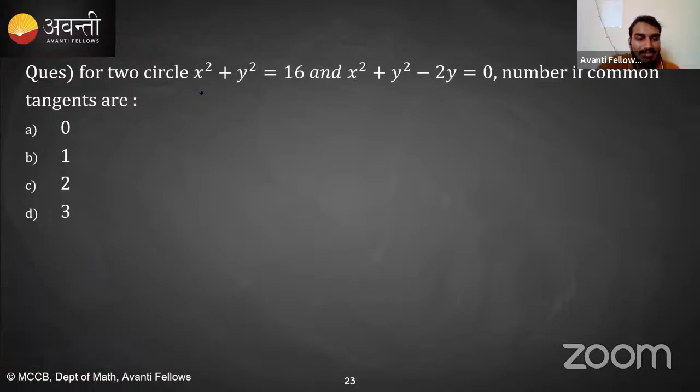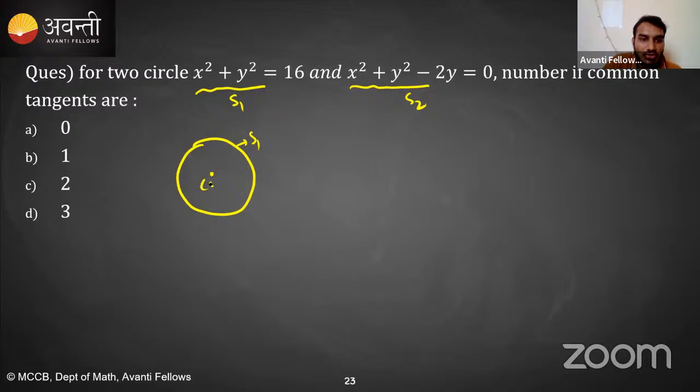So let's call this circle S1 and let's call this circle S2. Okay. B is the answer. Subham is also saying B. So S1 is a circle which has center 0, 0.